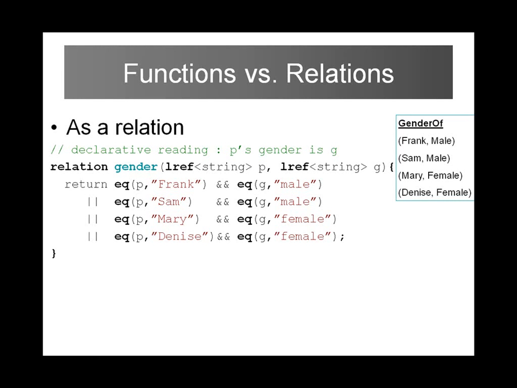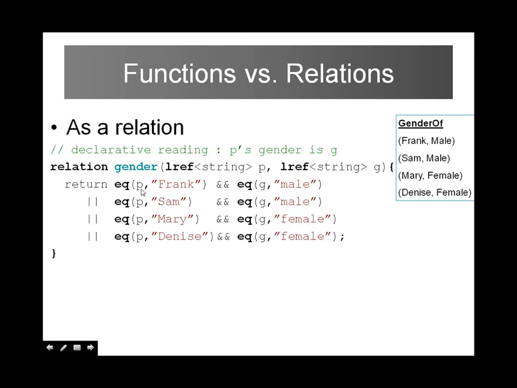So what is EQ? EQ is the unification relation. EQ's job is to unify its two arguments. What it means is it will try to make the two arguments equal. So if you recall, P and G are both logic references, and logic references do not need to be initialized.